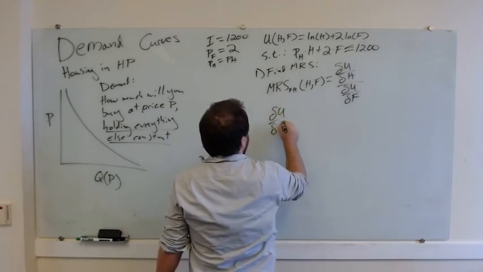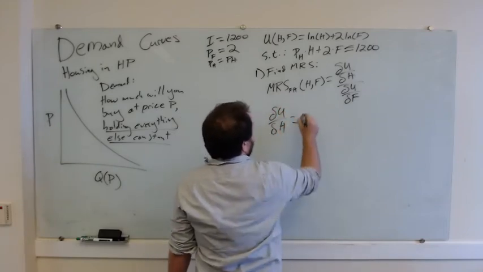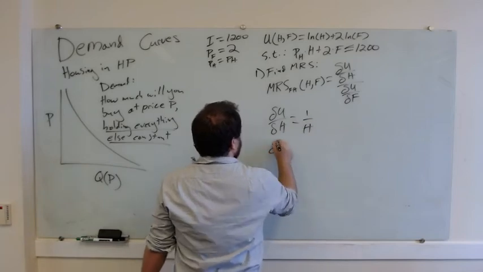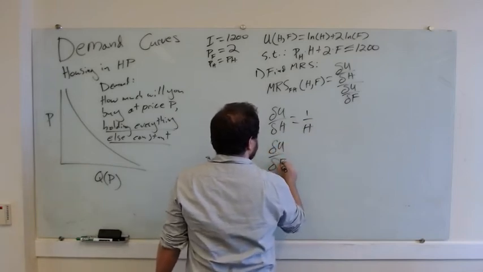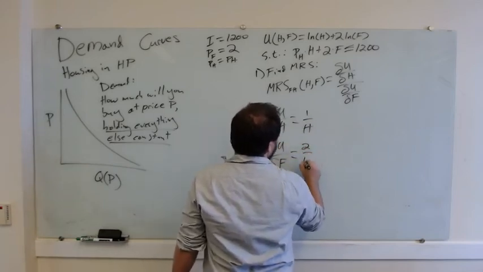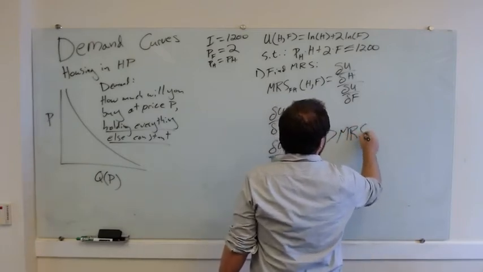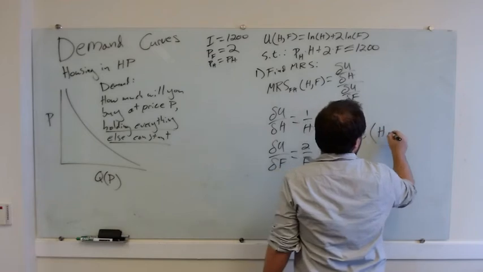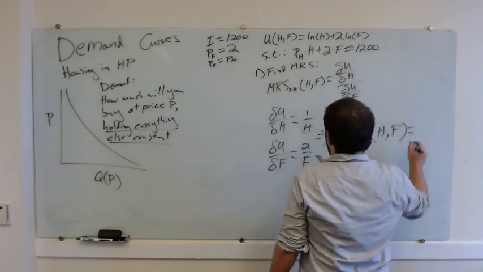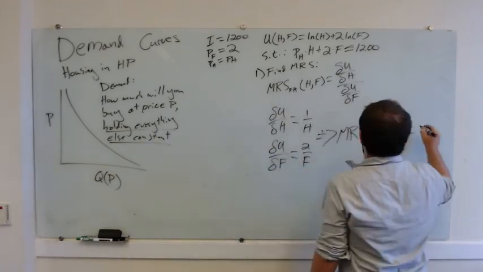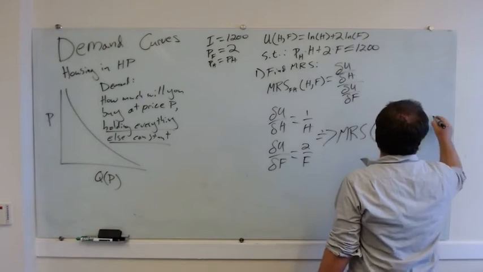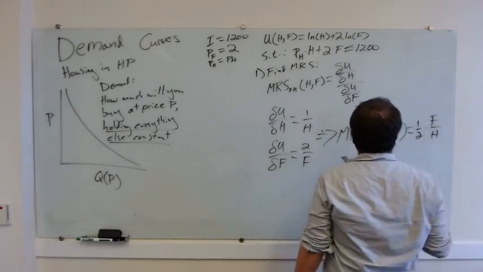Du dh is just going to equal 1 over h, and du df is just going to equal 2 over f, right? So our MRS will just equal 1/2 times f over h, right?